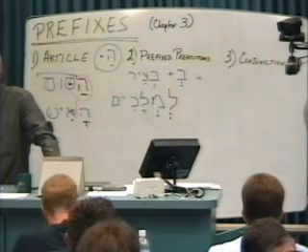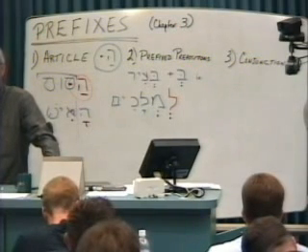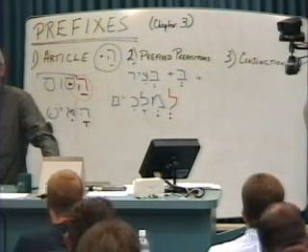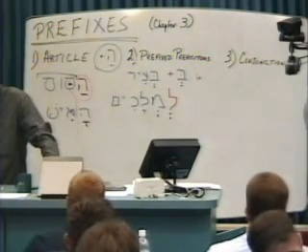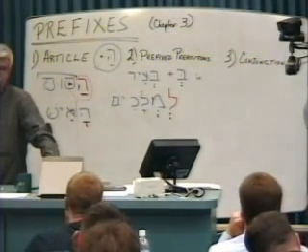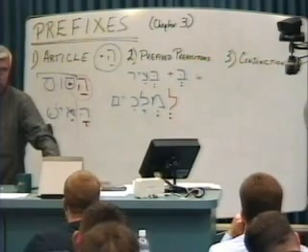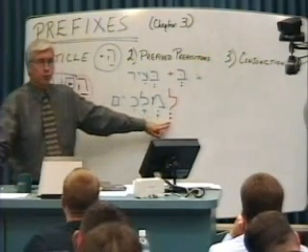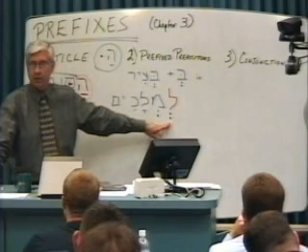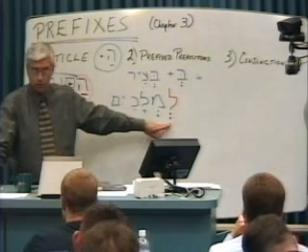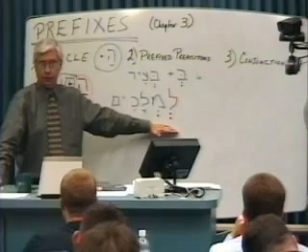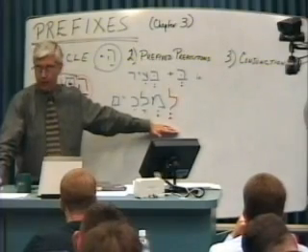Well, wait a minute. Can you have two Shewas together in Hebrew? Yeah, if and only if the first is silent and the second is vocal. By definition, a Shewa at the beginning of the word must be vocal. So we can't have two vocal Shewas together.